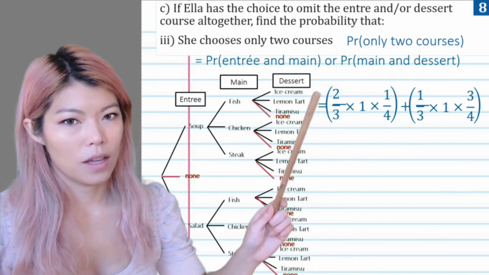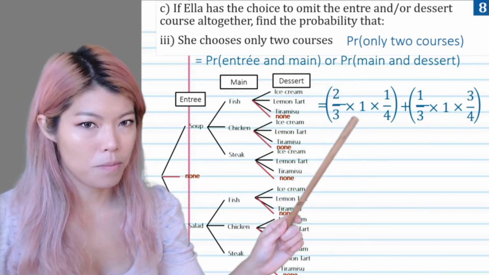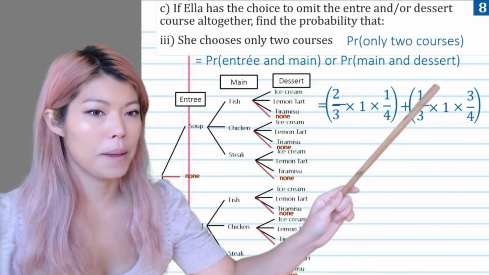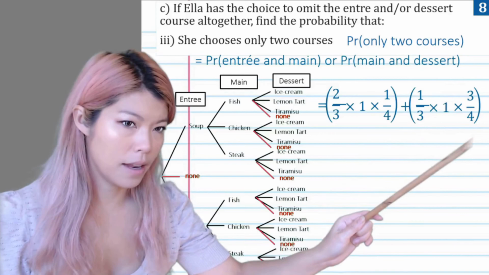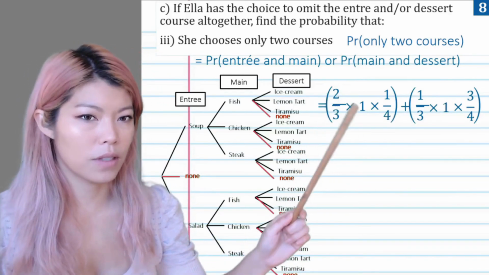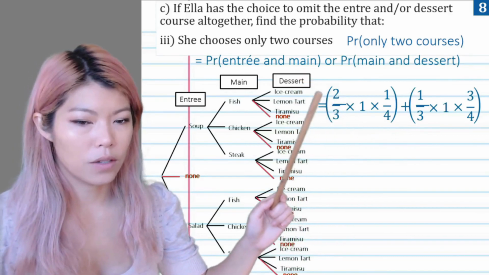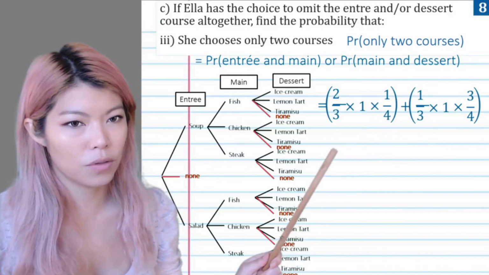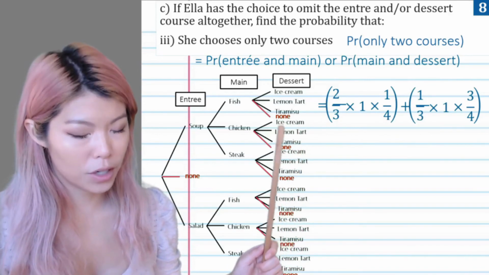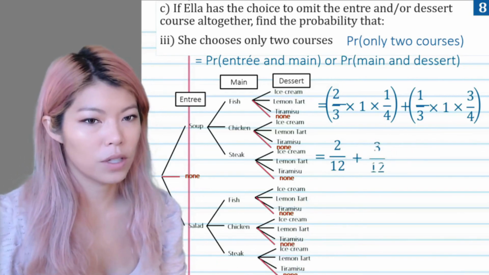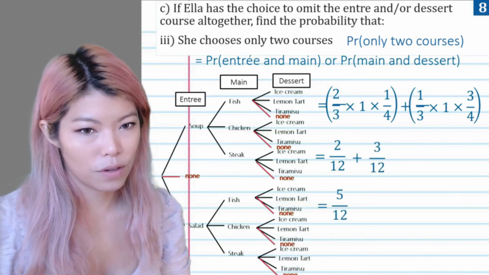So entree and main and no dessert; no entree, main and dessert. So we simplify that. Instead of crossing the 2 and 4, where we usually simplify fractions, because we know we're going to add the fractions, a good tip is to keep the denominator the same. So 2 out of 12 plus 3 out of 12, which is 5 over 12.